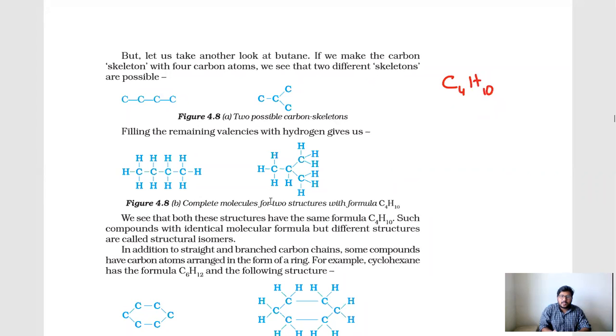You see carbon, if you want to represent 4 carbons, for example C4H10, 1, 2, 3, 4 carbons in this, and 1, 2, 3, 4, 5, 6, 7, 8, 9, 10 hydrogens. This is chain structure.